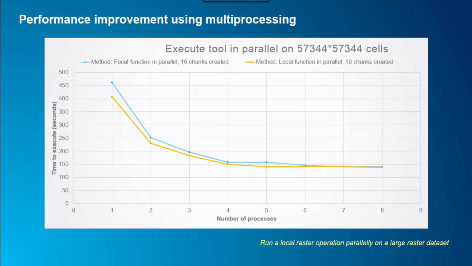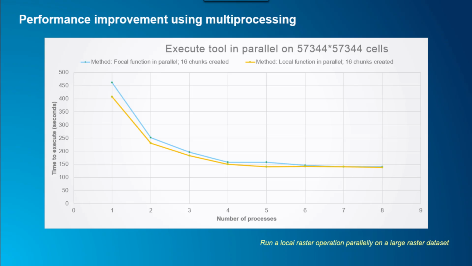Here is an example of what happens to your time. So look at this first one. It says 1 there, and on the y-axis is the time. So if you are using your single processor, the time, depending on which function you are running, is like 400 plus or 450 seconds.